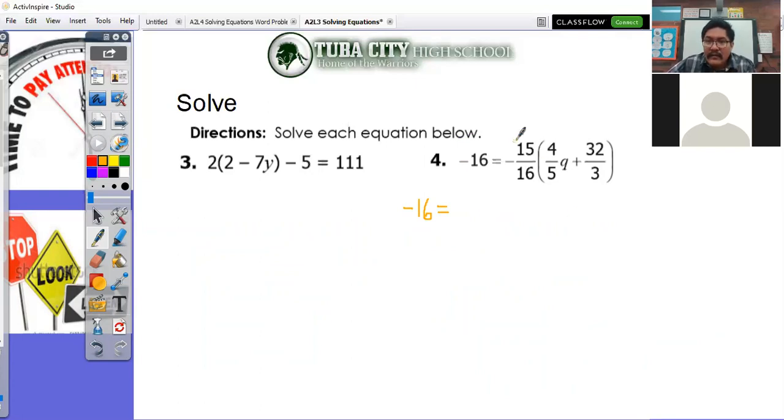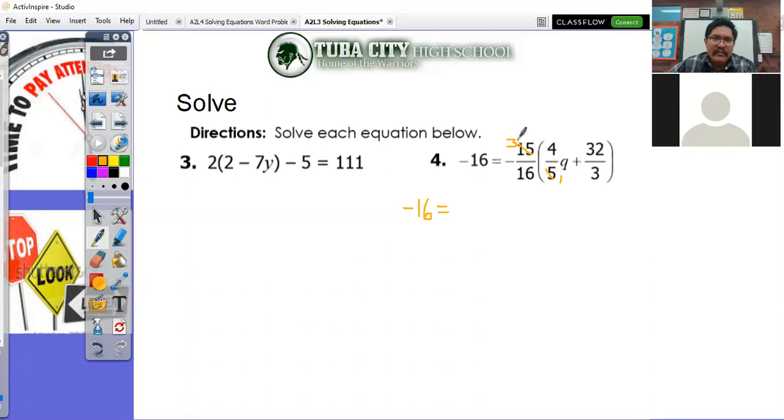Okay, so we're going to do a trick called cross cancel. If you're multiplying fractions, you look at the top number of one fraction and the bottom number of another one. So 15 and 5, these can both be divided by 5. So that's exactly what I'm going to do. Divide this by 5, and 15 divided by 5 is 3.